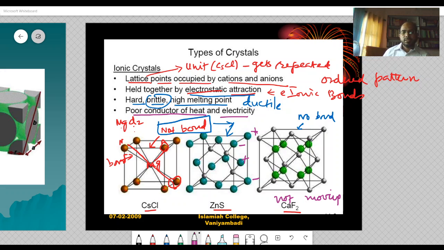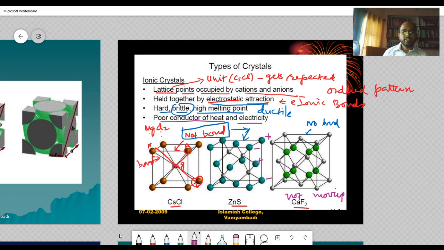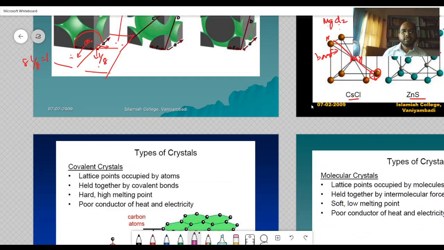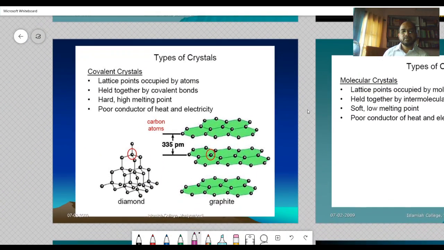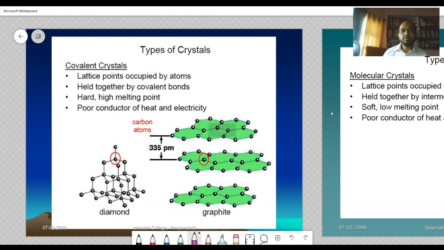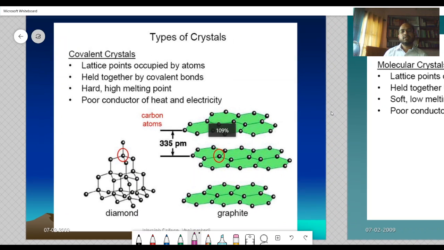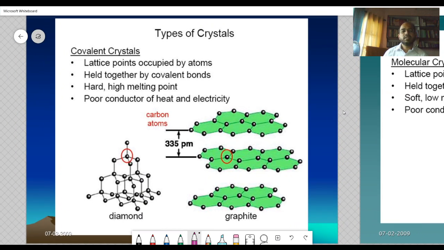Okay, so let us see the next part of the slide. There you can see the next is the covalent crystals. Just like ionic bond and covalent bond, you have the covalent crystals. And here the difference is, in the earlier case we had ions, and here we have atoms.